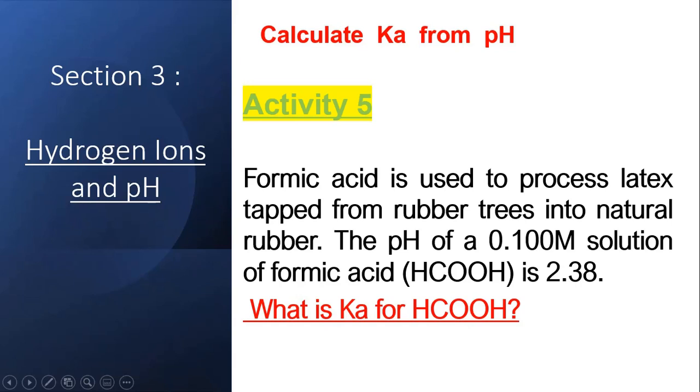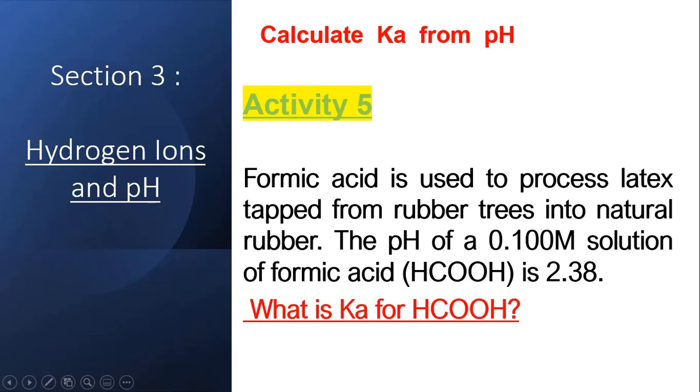Formic acid is used to process latex tapped from rubber trees into natural rubber. The pH of this 0.1 molar solution of formic acid was measured. The formic acid is HCOOH. This formic acid came from ants, by the way, if you don't know. So formic acid has pH of 2.38.